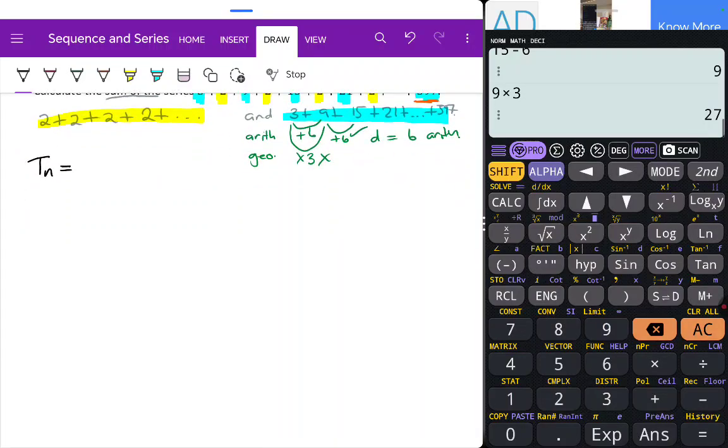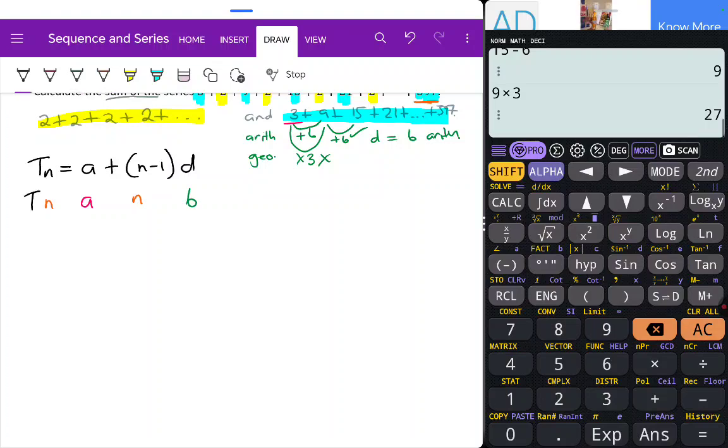So now, what is the Tn of arithmetic? This is equal to a plus n minus 1 times d. Let's substitute. a is 3. n is what we're trying to solve, so n remains unknown. And d is 6.